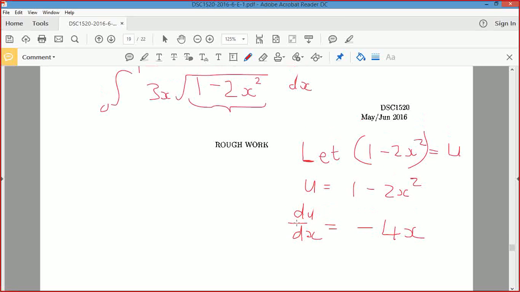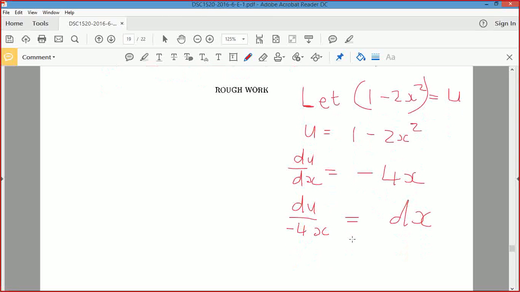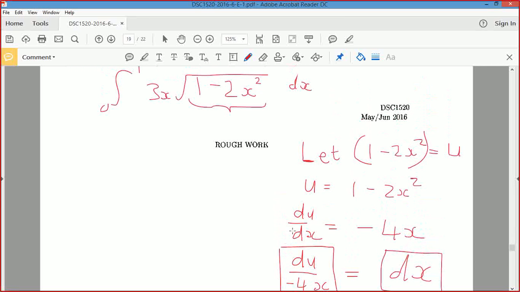Now I can solve for dx. If I take dx to the right, I'll have du over minus 4x equals dx. So I took the dx to the right, I took the minus 4x to the left. Do I have a term that represents dx? Yes, I do. So now I can plug all of that into this original question.